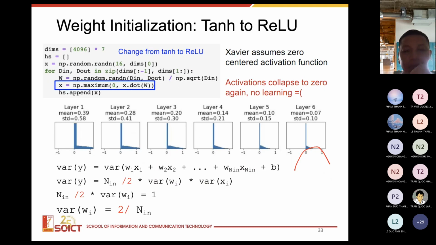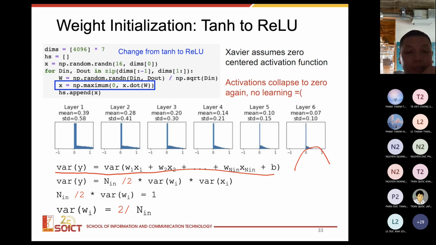Okay, the same goes for the ReLU activation function. This is the calculation for the variance of y, the output after a layer, where x is the input, right?